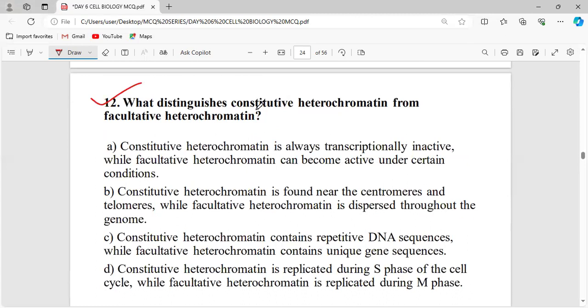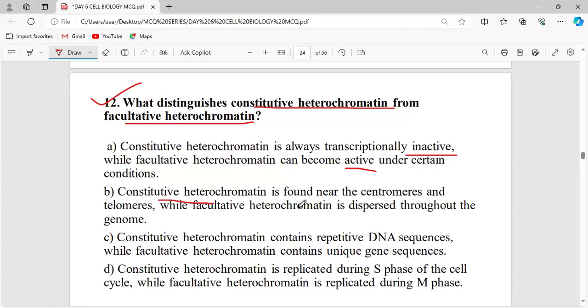what distinguishes constitutive heterochromatin from facultative heterochromatin? First option: constitutive heterochromatin is always transcriptionally inactive, while facultative heterochromatin can become active under certain conditions.